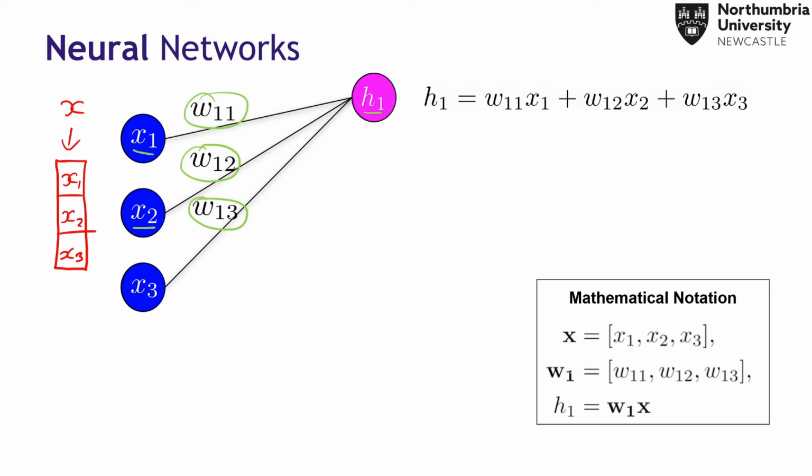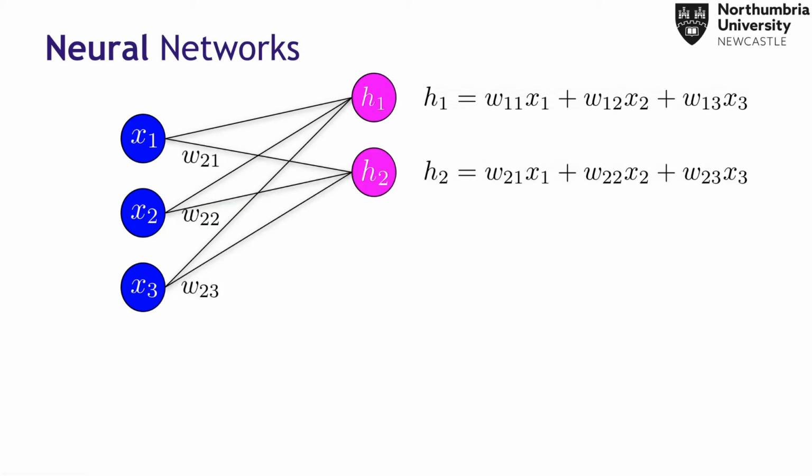And then for this node h1, we're going to have a correlated weight vector, which is going to be W11, W12, W13. And to get this h1, we can just say that we have this W1 times x. So this is a dot product between these two vectors.